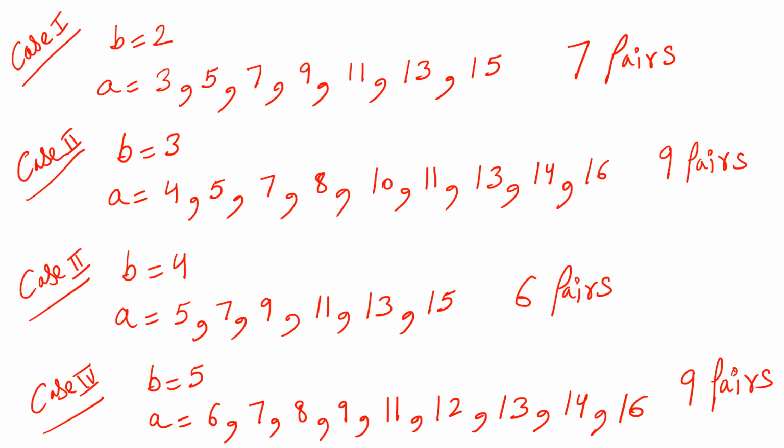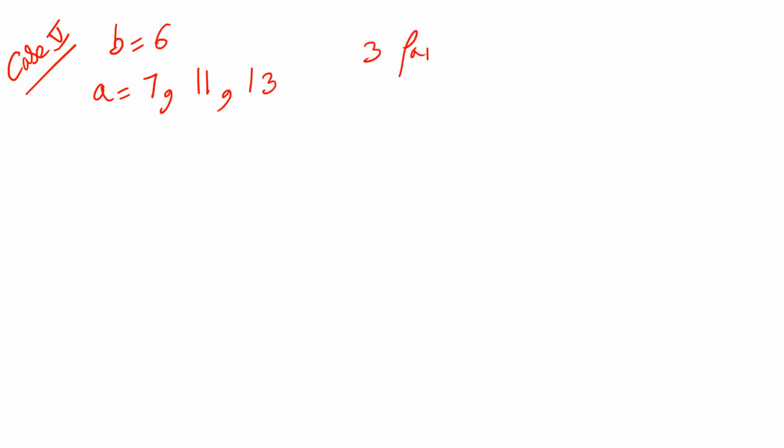Right? Now students, we move further and discuss more cases. Now students, we discuss the fifth case. In the fifth case, I am taking b equal to 6. Now when b is equal to 6, then the possible values of a are 7, 11, and 13. So that means we get 3 pairs for this case.